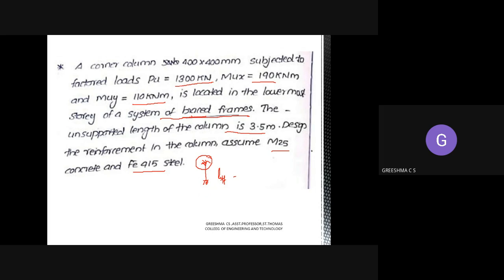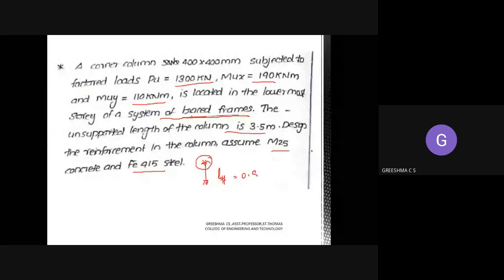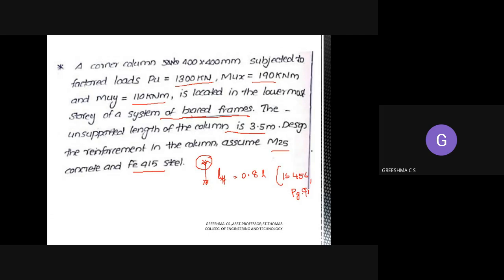Table, page 94, that will be the second case, and the effective length will be 0.8 into L. You can refer to IS 456, page 94, where they have given the effective length. One end fixed and other end hinged: both ends held in position and one end restrained in rotation. That is the second condition, so effective length will be 0.8 into L. All of you please note that: in case of braced frames, effective length will be 0.8 into L. So this is the condition that is given.